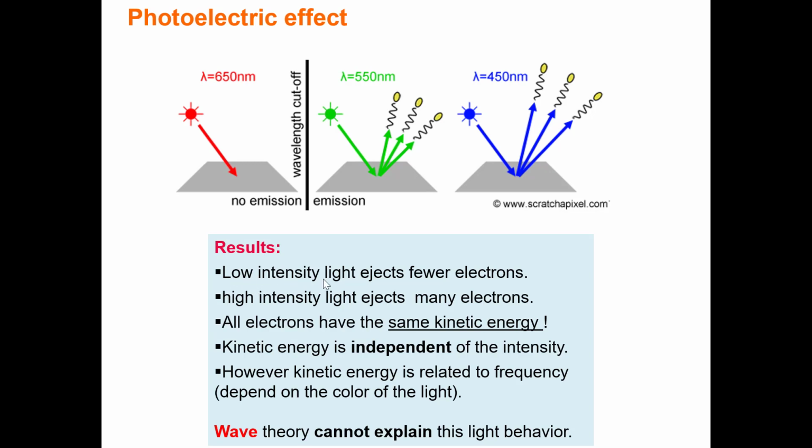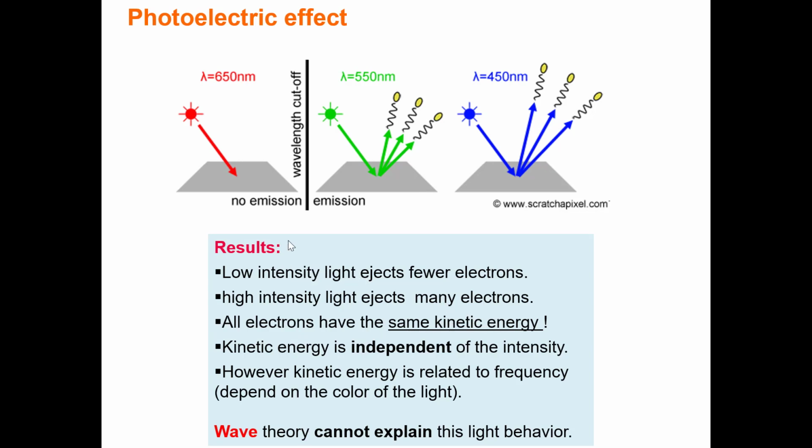Low intensity light ejects fewer electrons. High intensity light ejects many electrons. But the interesting result was the following: all electrons have the same kinetic energy.